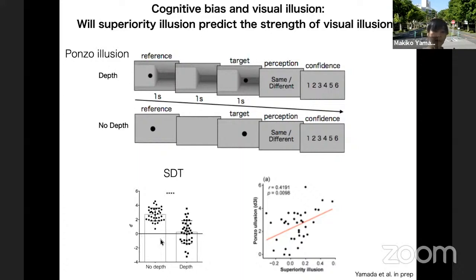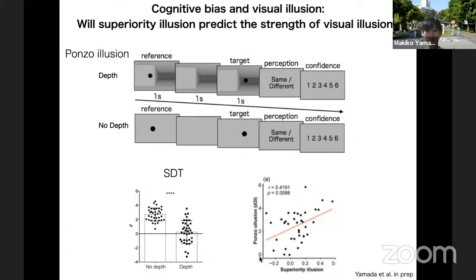We plotted no depth cue and depth cue, and as d prime decreases, they have a stronger illusion. We subtracted these two d prime scores for each subject and plotted them on the vertical axis.